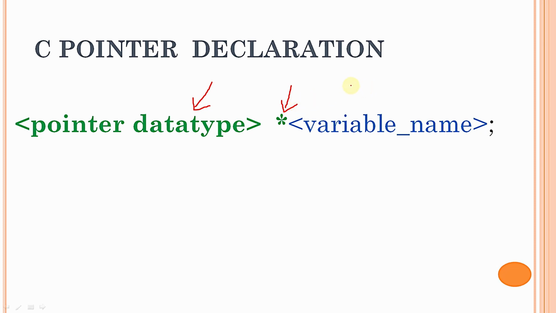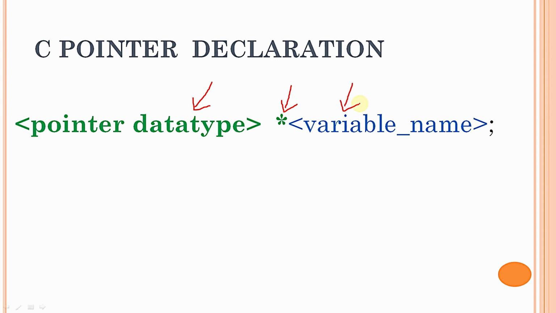And following the asterisk, you provide the variable name as usual. As we learned several rules for defining and declaring a normal variable in C language, you follow the same rules for naming pointer variables also.